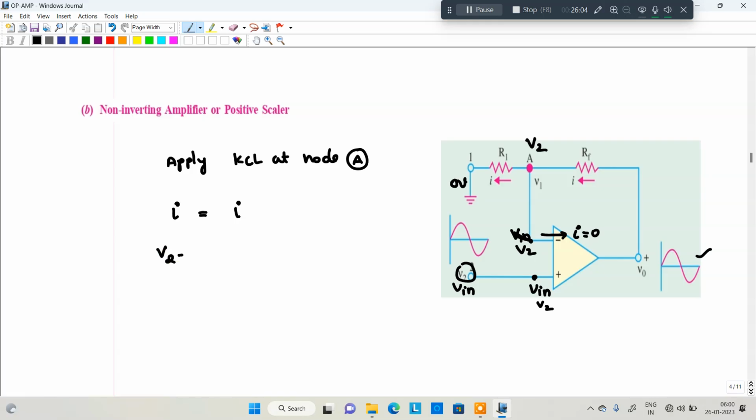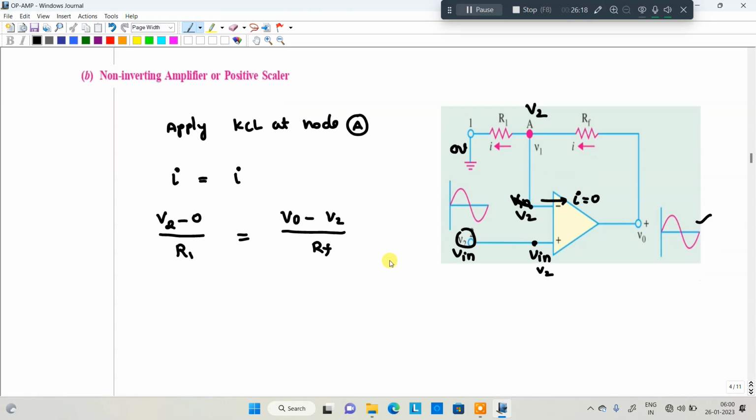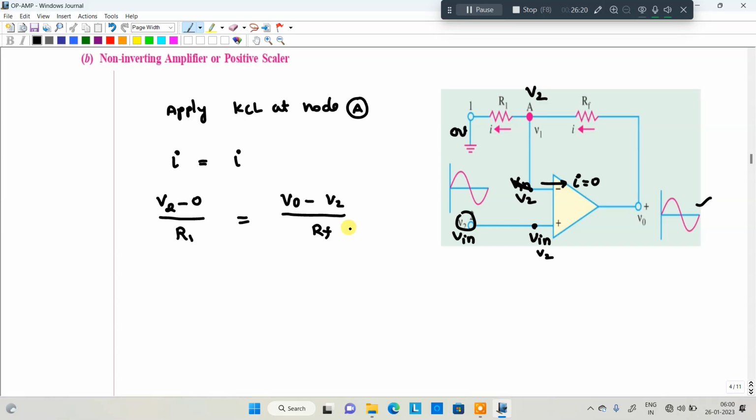That means V2 minus 0 divided by R1 is equal to, in this case, from V0 to V2, that is V0 minus V2 by RF. Got my point? Now V2 by R1 plus V2 by RF is equal to V0 by RF.